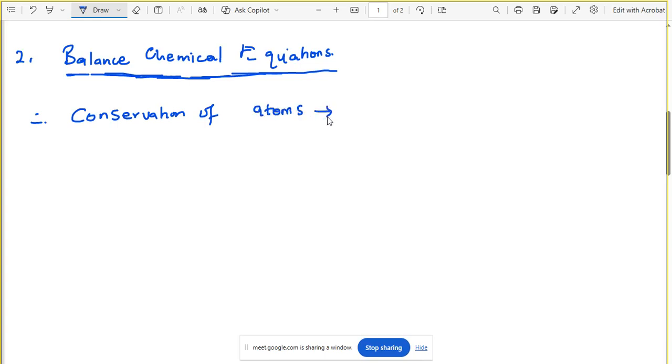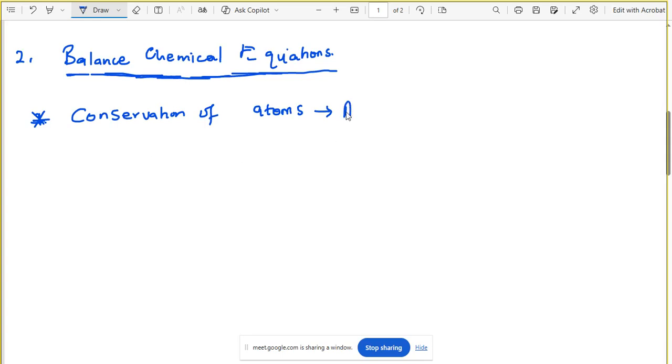This law says that atoms cannot be created or destroyed. I'm not going to write this down, because they will never say define conservation of atoms in an exam. I'll give you the ones that you need to understand. So I'm just going to put it up here, but this says that atoms cannot be created or destroyed.